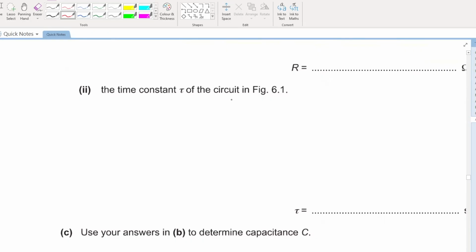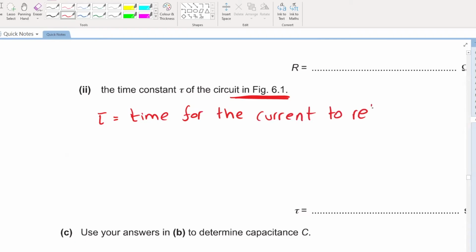The time constant of the circuit in figure 6.1. What was time constant? Time constant was the time for the current to reduce to 0.37 I naught.